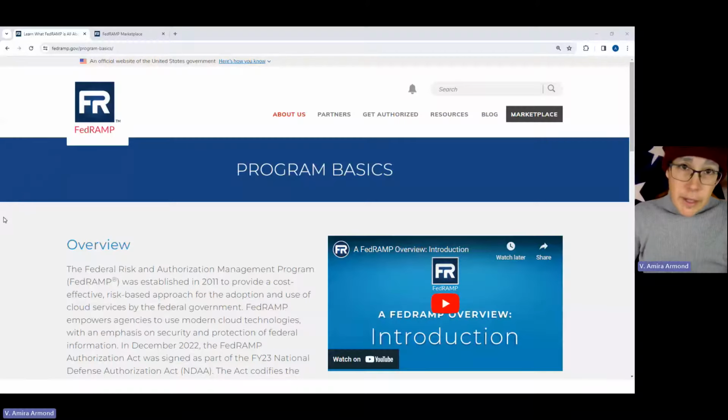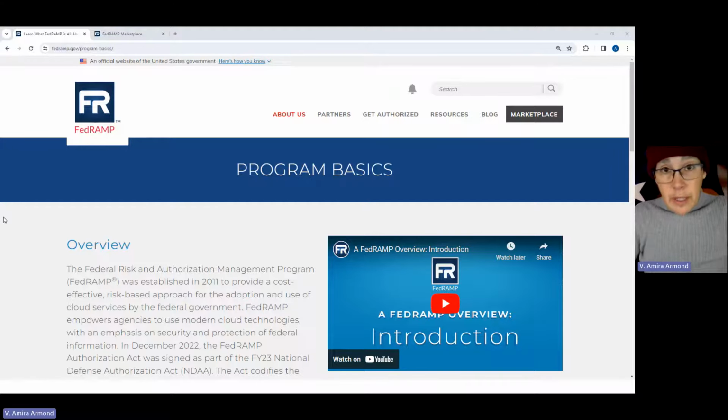So first off, let's talk about this FedRAMP thing. If you go to fedramp.gov, which is the page I'm showing here, you can look up the program basics of FedRAMP, right? So why am I talking about FedRAMP?